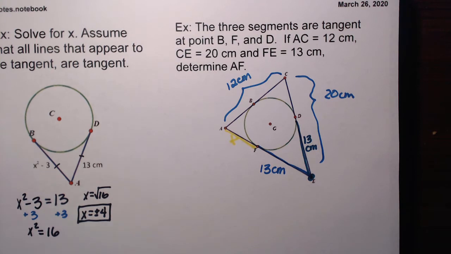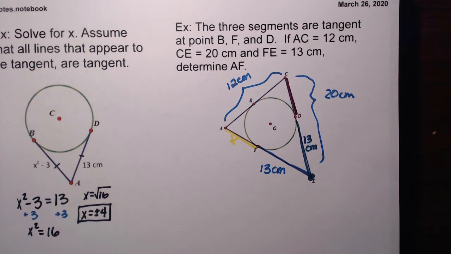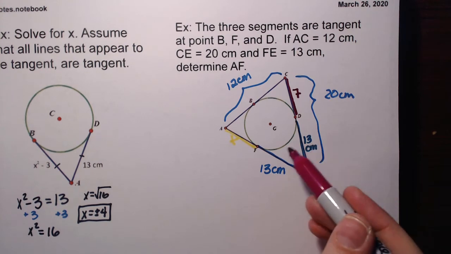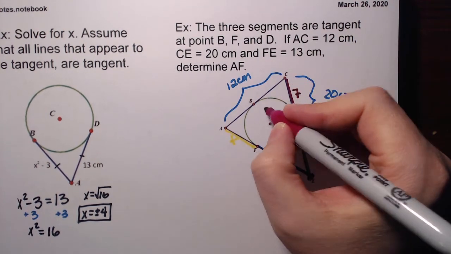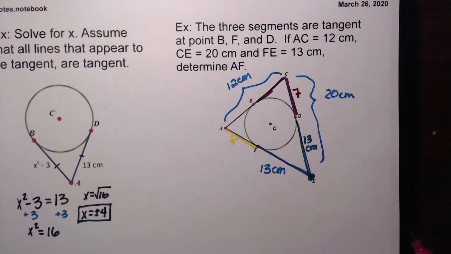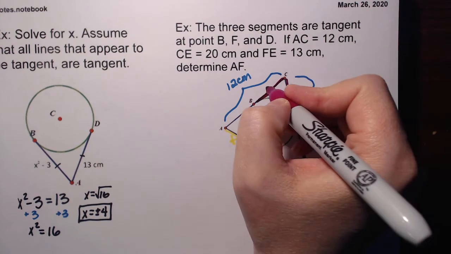If that's 13 and the whole thing is 20, 20 minus 13 is 7. Now I'm back into a case like this. I have two lines that meet at an exterior point and they're tangent to the same circle, so they have to be the same length. So that's 7.